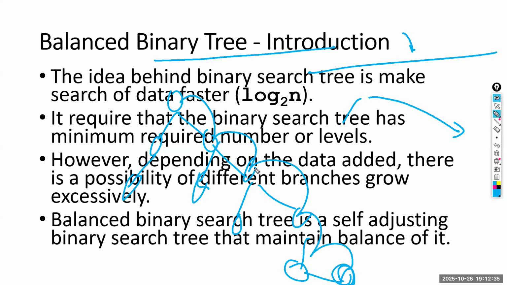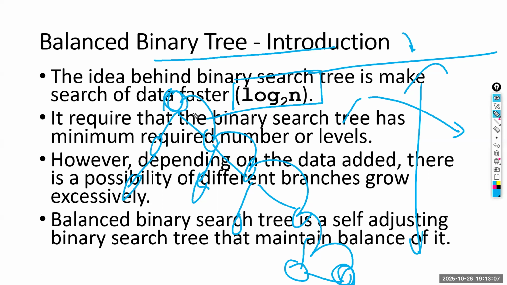But if you can balance it so that left and right grow in a more balanced manner, we can reduce the number of levels. Fewer levels means we can do the search faster, because search always starts from the root. So if you keep balancing, you can do any search within log 2 n in the worst case.